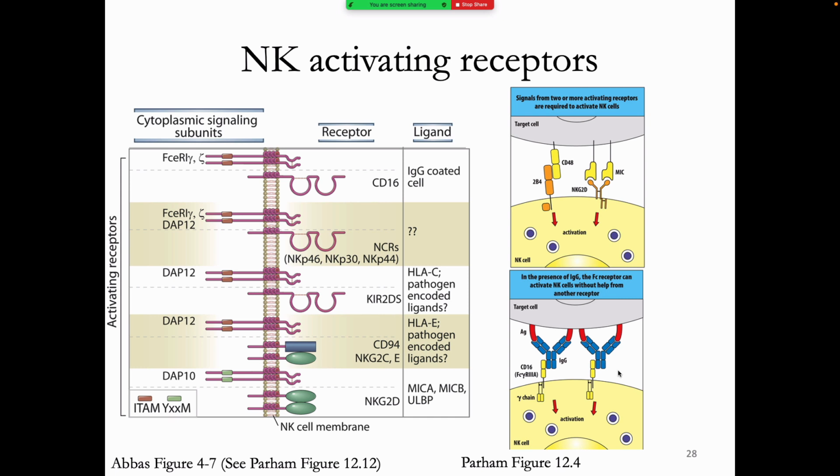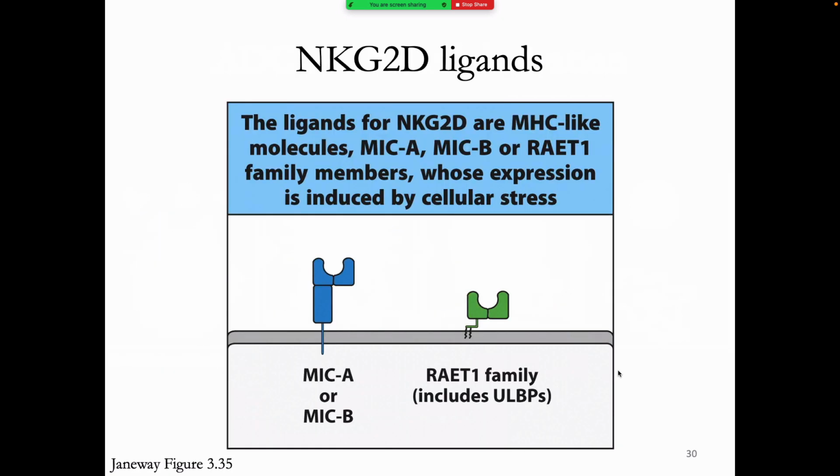Those proteins are listed here as well as being on this slide. One of the proteins that NKG2D can bind to is called MIC-A. Another one is called MIC-B. Another one is called RAET1. These are all proteins that can bind to NKG2D.